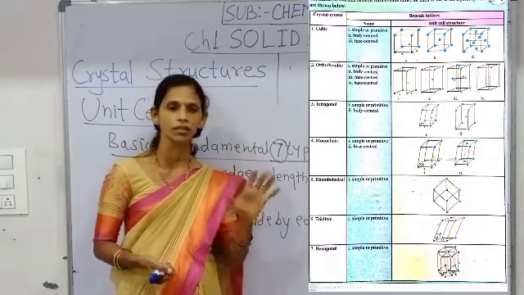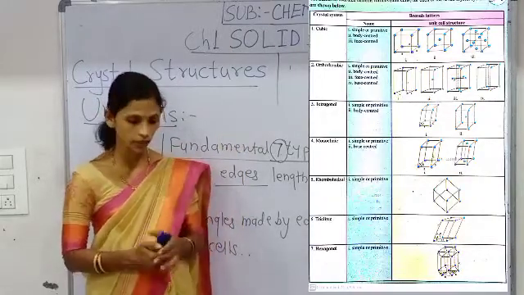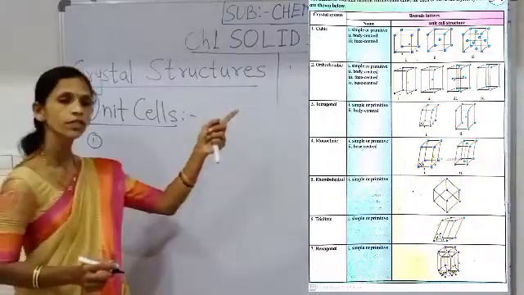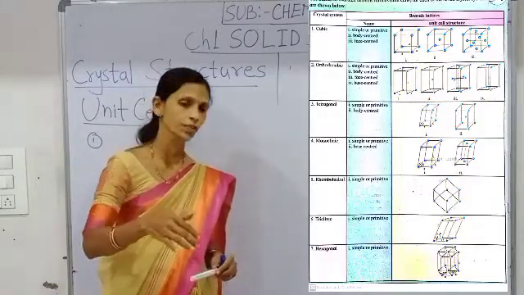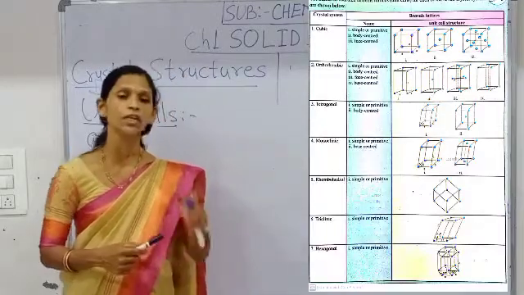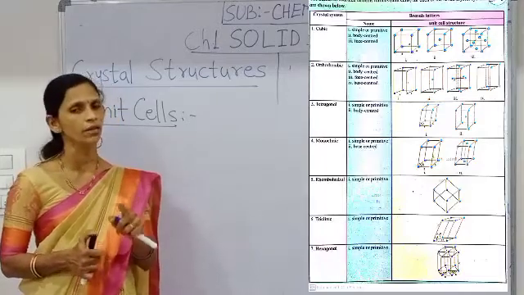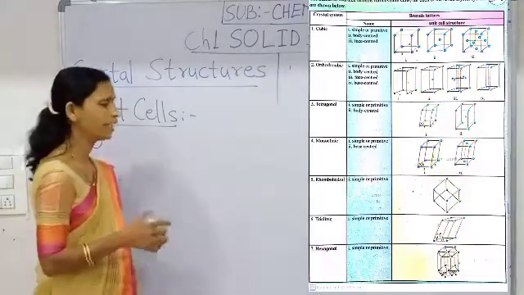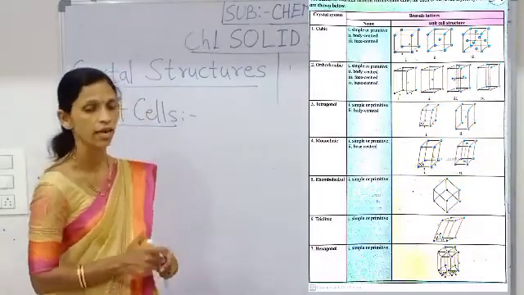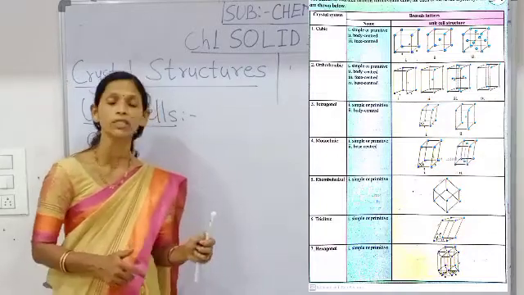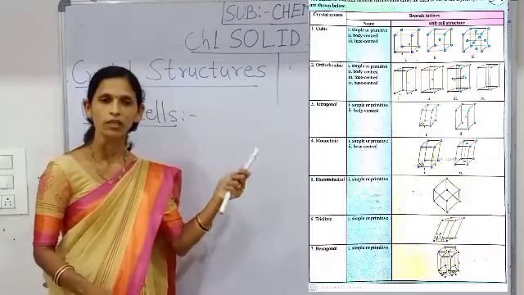Observe the figure in which the 14 types of unit cells are given, related to the parameters A, B, C and alpha, beta, gamma, that is, the edge lengths and the angles made by those edges of the unit cells on the X, Y and Z axes. That means 3-dimensional unit cells are given here.